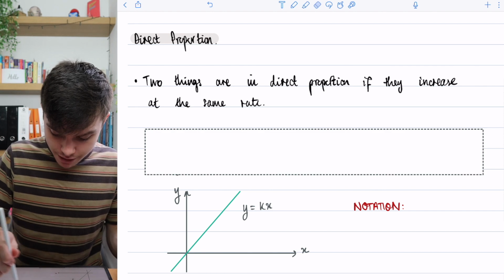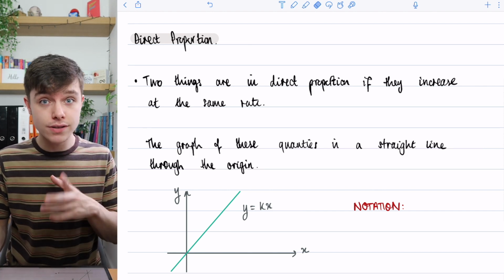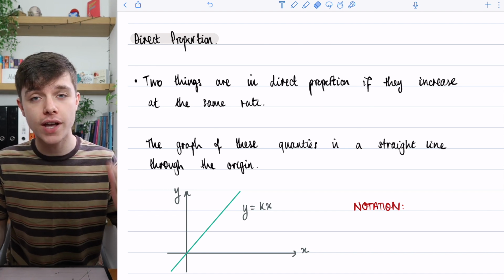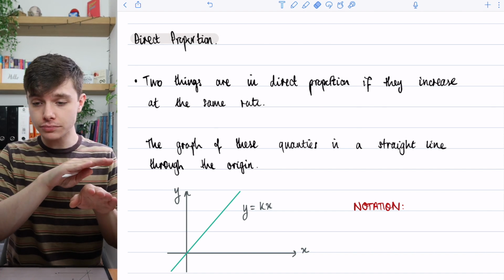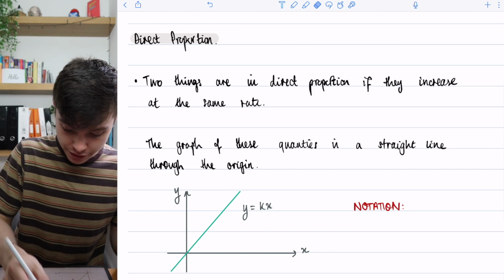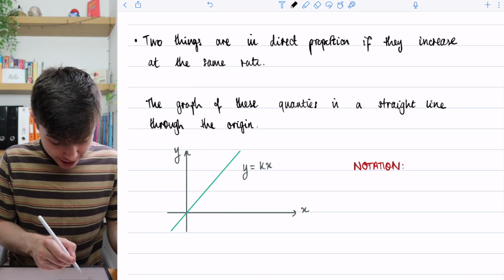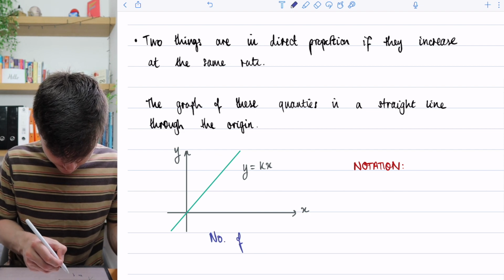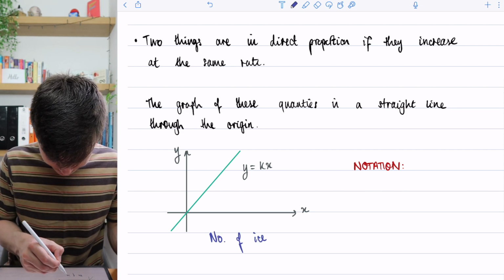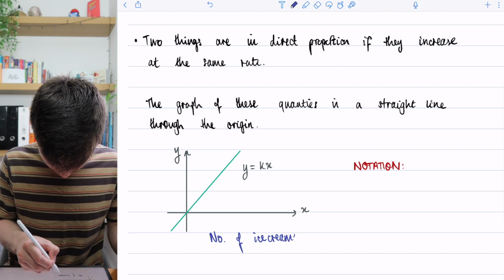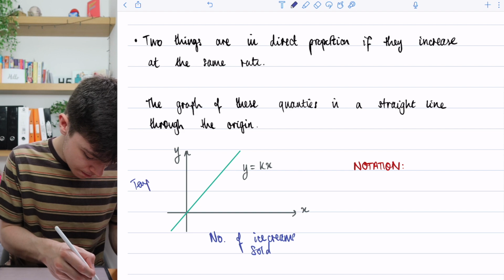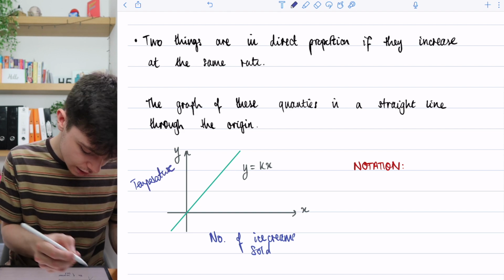Now, direct proportion like this, the graph of these quantities, is just a straight line through the origin. If I draw an axis, and we've got one here actually, I'll do this in blue, this was the number of ice creams sold and the temperature, we can see that's just a straight line through the origin.